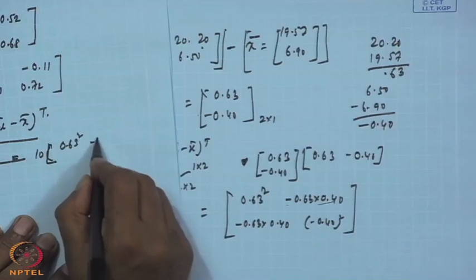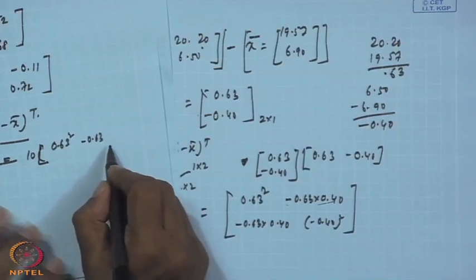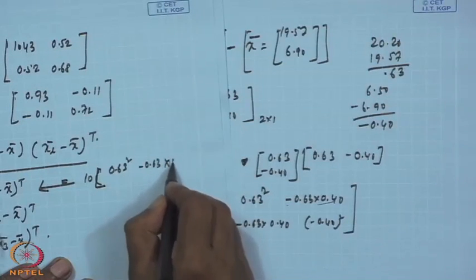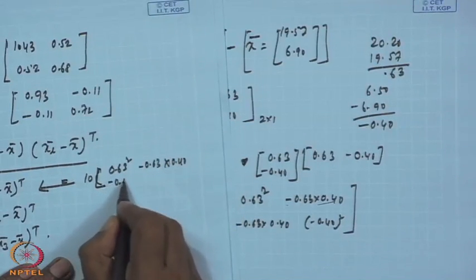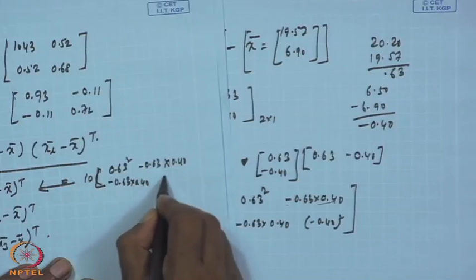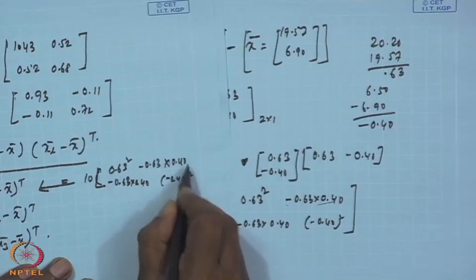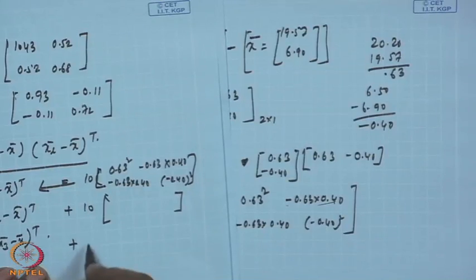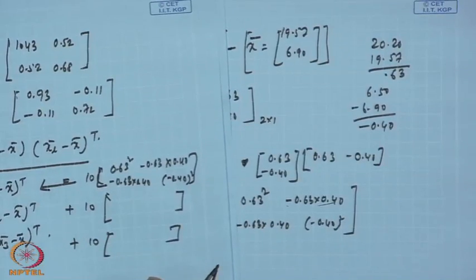0.63 square, minus 0.63 into 0.40, minus 0.63 into 0.40, minus 0.40 square, plus 10 into whatever matrix value you get, plus 10 into this.